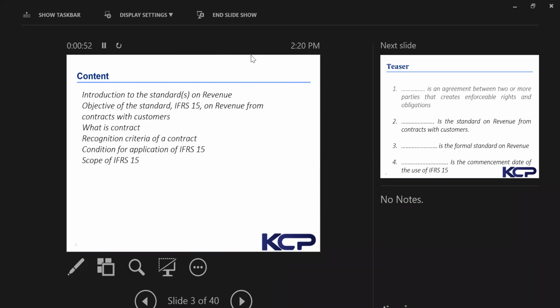Then what is a contract? What are the recognition criteria of a contract? What are the conditions for application of IFRS 15? The scope of IFRS 15. Then three other ones that I didn't mention: how do we measure consideration coming from a contract? How do we present? And what are the disclosure requirements, right?